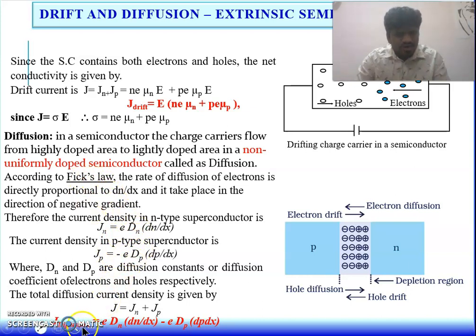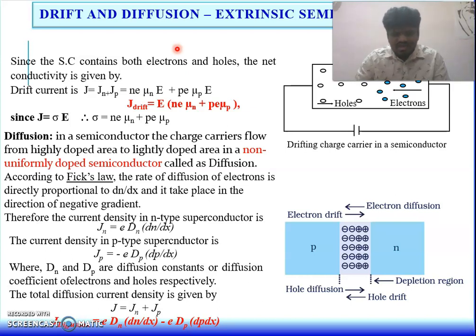Therefore, the diffusion current density is equal to e Dn dn by dx minus e Dp dp by dx. So, in a semiconductor, both drift and diffusion currents will be there, and the combination of these two gives the total current flowing in the semiconductor.